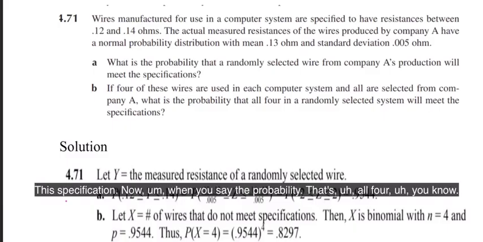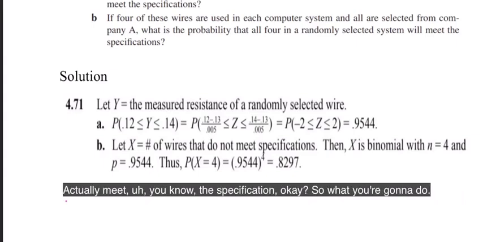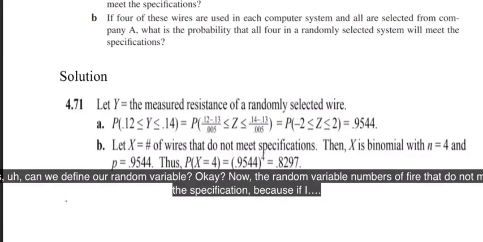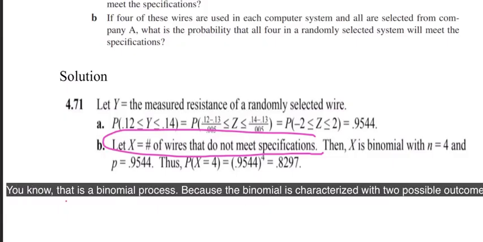Now, when you say the probability that all four meet the specification, what you're going to do is define our random variable. The random variable is the number of wires that do not meet the specification, because if they talk about meeting and not meeting the specification, that is a binomial process.